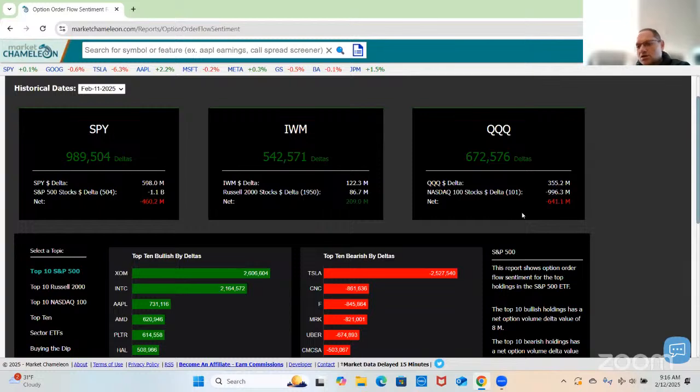So that's what the order sentiment is trying to do, keep looking through the data and seeing, well, what are the markets telling us now. Keep in mind that doesn't necessarily mean the markets are so negative.